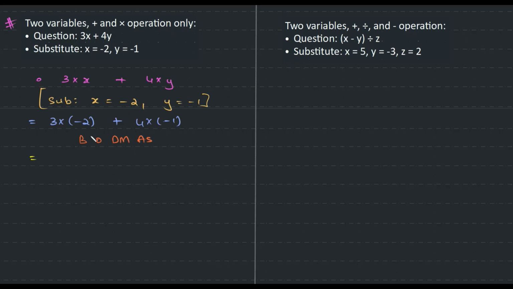And so we'll end up with no brackets within the brackets and there's nothing happening. No operation, no division. Multiplication, yes. 3 into -2 is -6, right? Plus 4 into -1 is -4. And multiplication is done. We just have addition, that is -10.